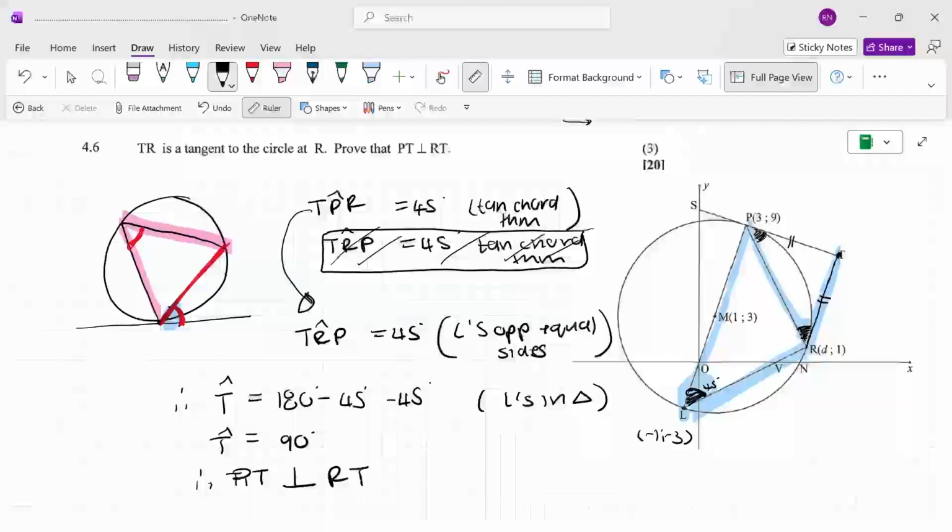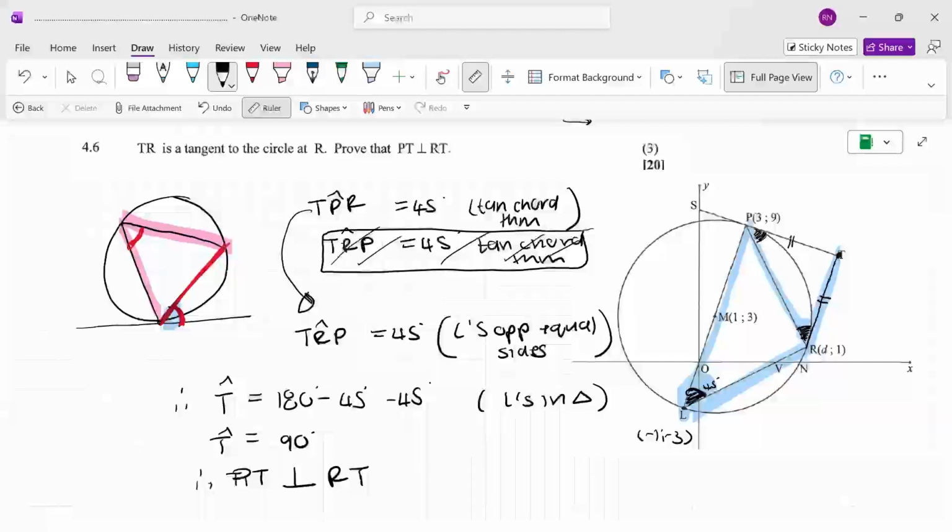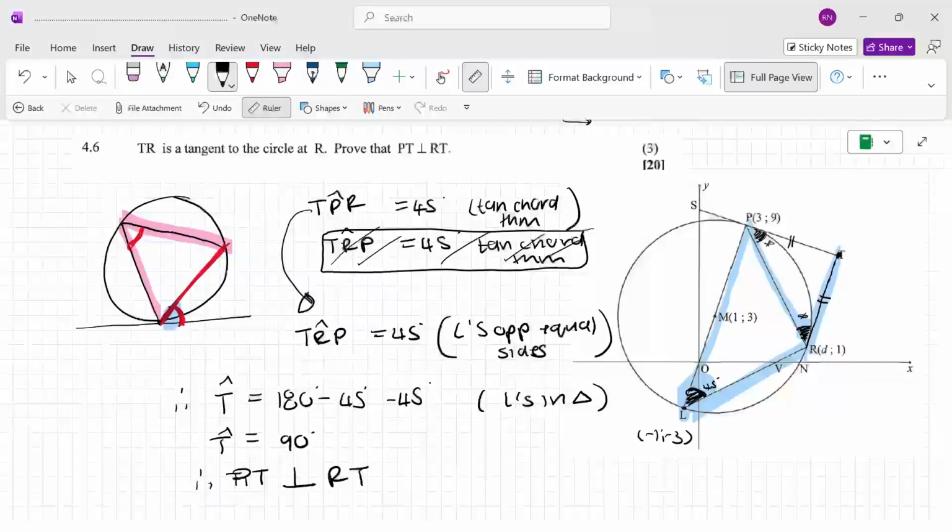Okay, cool. So this is how we would prove that RT is perpendicular. You just have to work with stuff, because you found L. You know that you're going to have to use this value that you got somewhere, and I use it to prove that these are the same and they're both 45, and I can find that that's equal to 90.